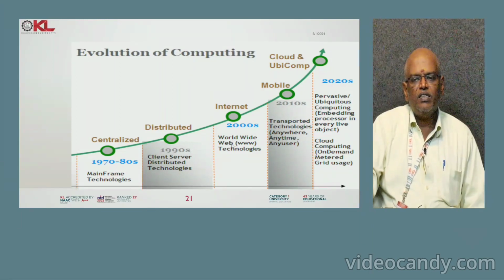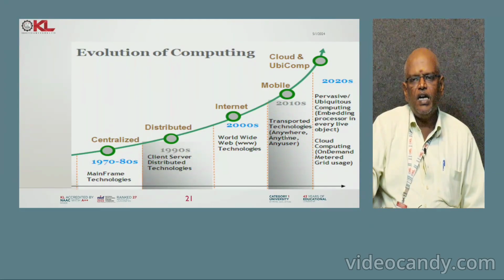The next development of computing, we can identify the internet, developed during the 2000s. That is nothing but World Wide Web technologies. Through the World Wide Web technologies, millions of computers are interconnected through the internetworking concept. The next development of computing is mobile computing, which was developed during the 2010s.